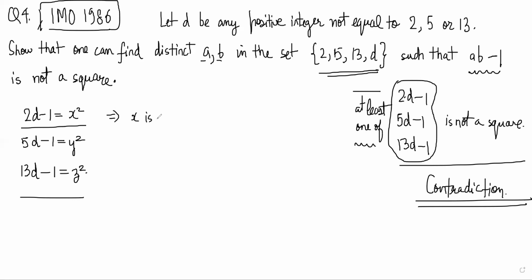Implies x is odd. And so are y and z. I was stupid. If x is odd, what kind of number will its square be?